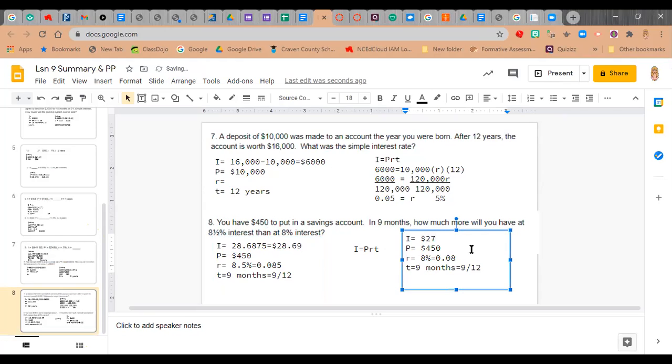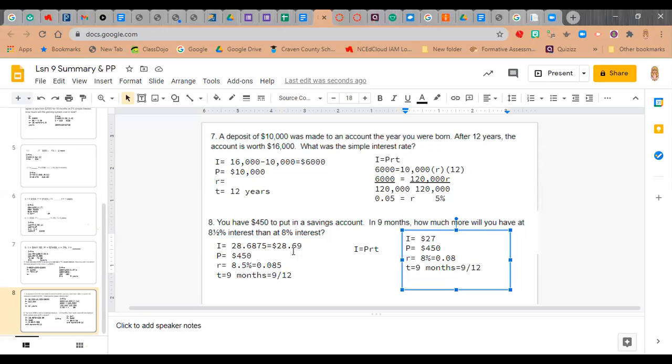Okay, now, this is how much you earn at BB&T. This is how much you earn at Navy Fed. So what are they asking us to find? They're trying to ask us to find the difference in amount of money between the two.